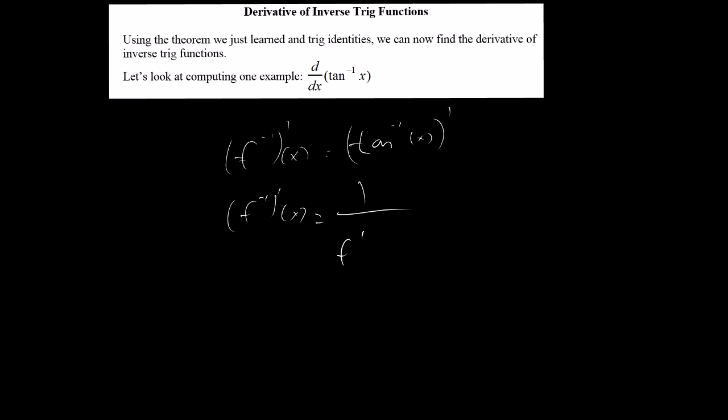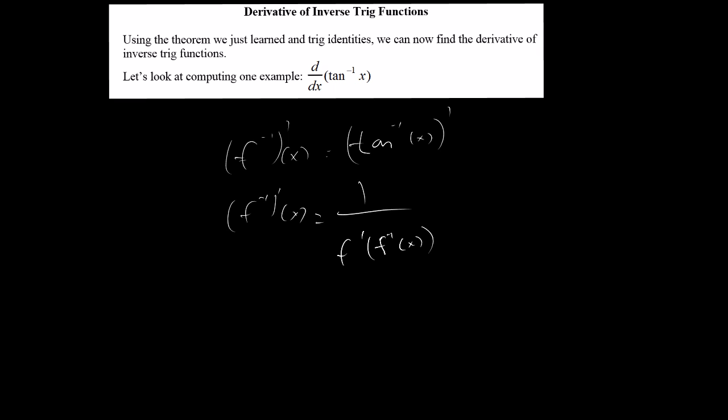Well, if we have f prime and we want to take a derivative of this function, that's saying we're taking tangent inverse of x and we want to take a derivative of that. Well, we know this is equal to f inverse derivative of x is equal to 1 over f prime of our f inverse evaluated at x.